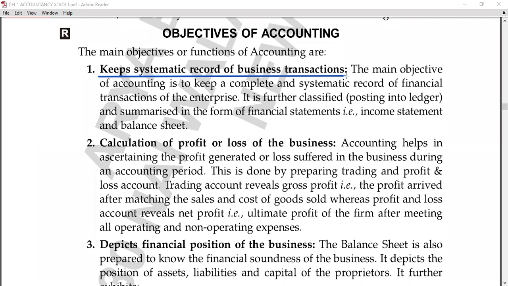The main objective of accounting is to keep a complete and systematic record of financial transactions of the enterprise. Put a full stop and further continue.